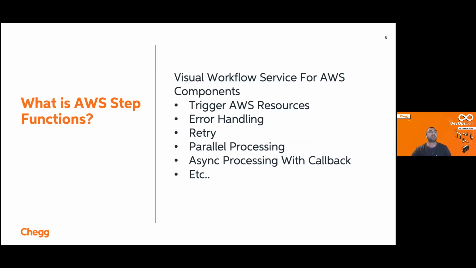A little bit about step functions in general. Step functions are a visual workflow service for AWS components. For example, it can trigger AWS Lambdas. It can send messages to SQS, to SNS. It can handle errors; if something is failing, it can handle the retries.